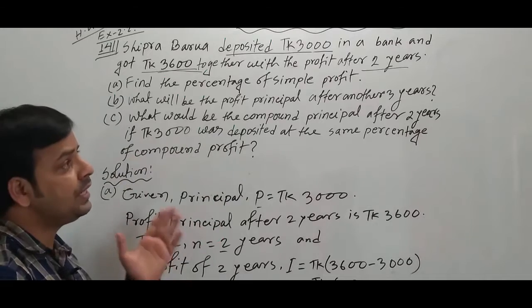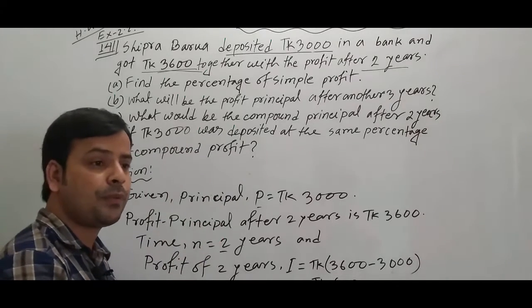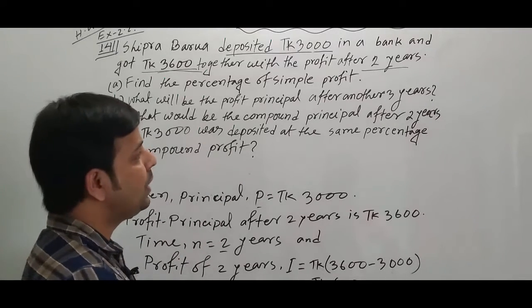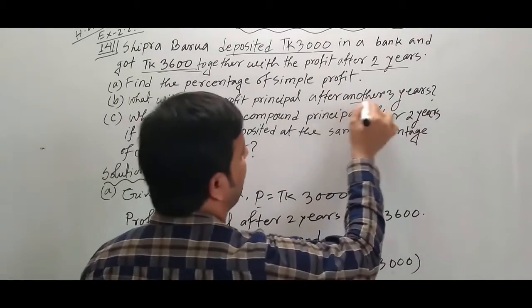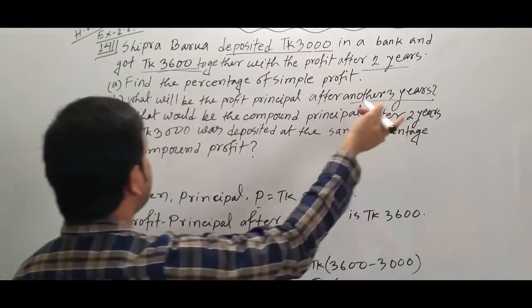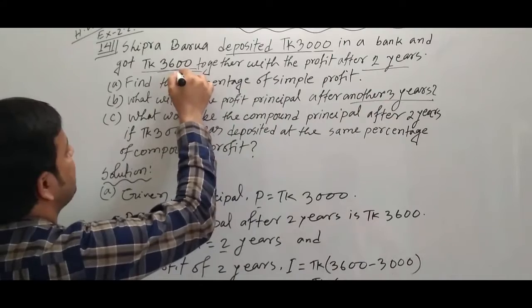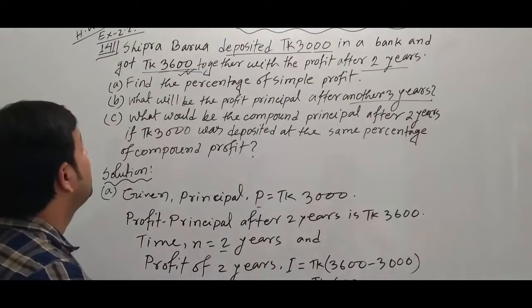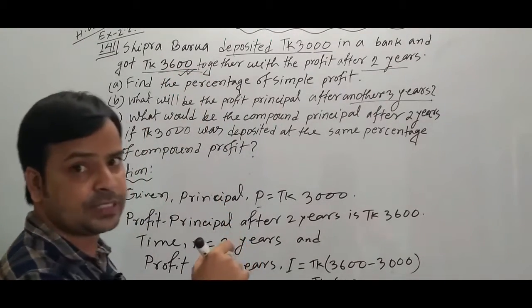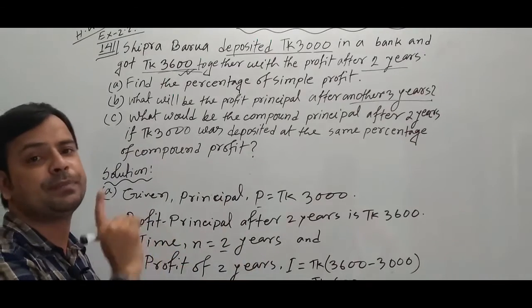It means that we need to find the total profit of 5 years. If we find only the profit of 3 years, then add the profit of 3 years with the profit principal after 2 years. We will get our required profit principal.